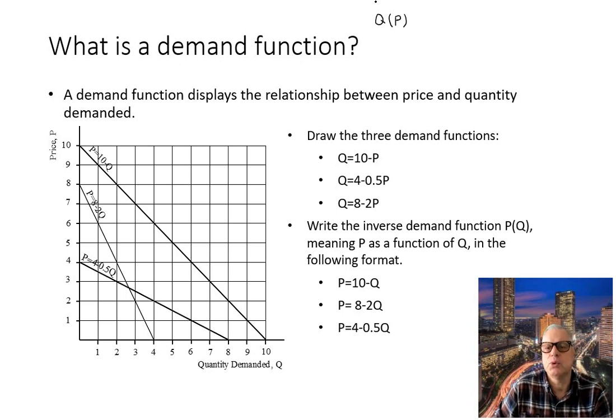So we say Q is a function of the price, Q of P. That means that the quantity demanded is what we call the dependent variable. We say that the quantity demanded depends on the price, and the price would then be the independent variable.